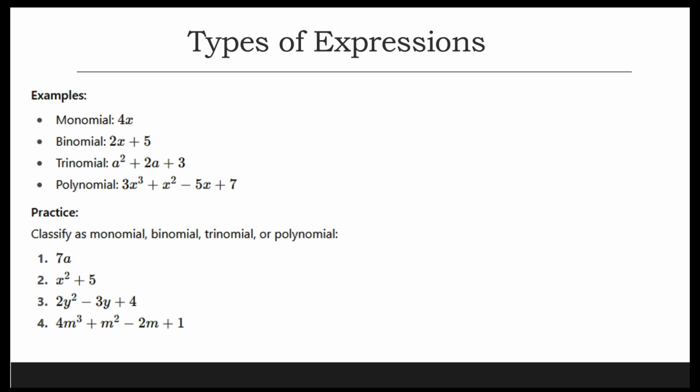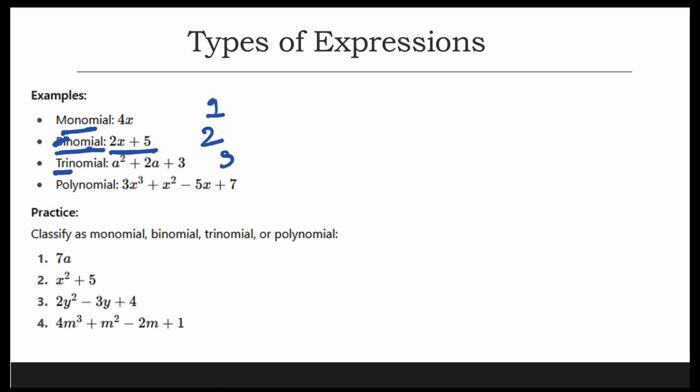Now, types of expression, as the name itself suggests, mono. Mono means one. So if there is an expression which has got only one term, then that is a monomial. Binomial, what does bi mean? Bi means two. So if there is an expression which has got two terms, then that would be binomial.